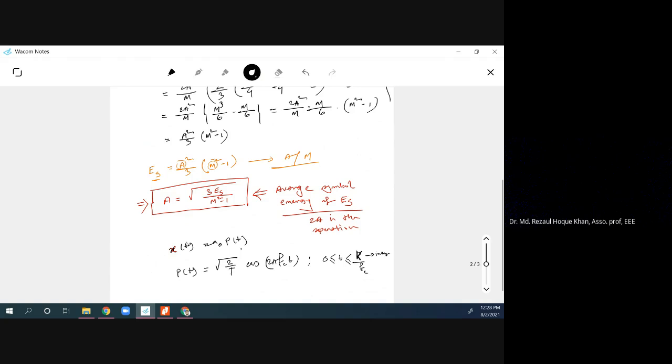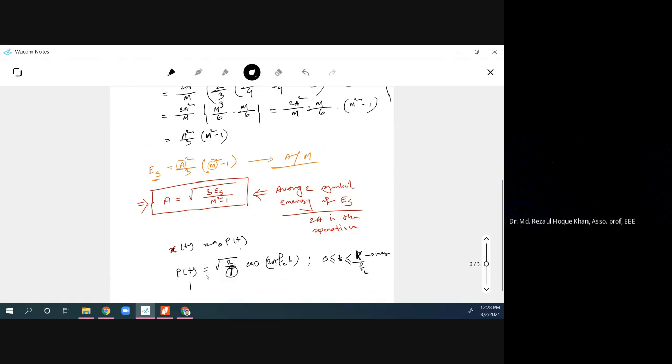Before, this T was a bit period. Now it's a symbol period or symbol duration.